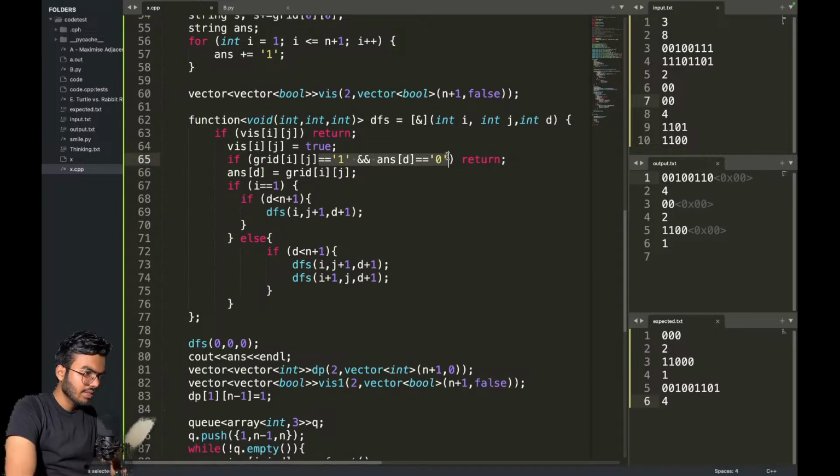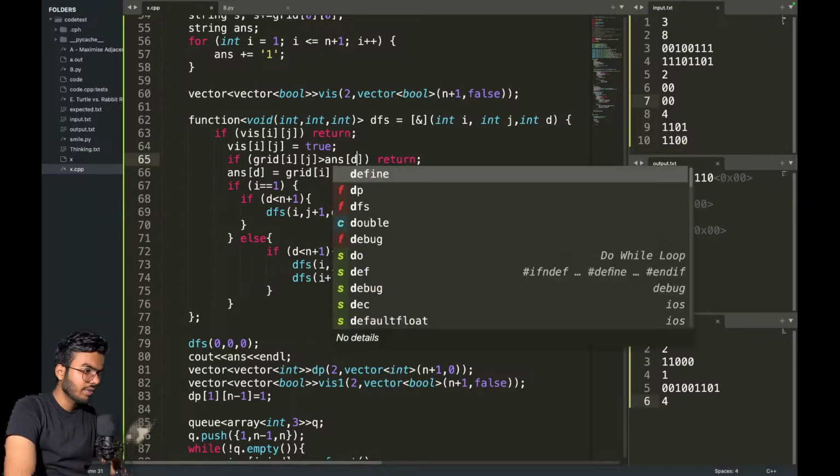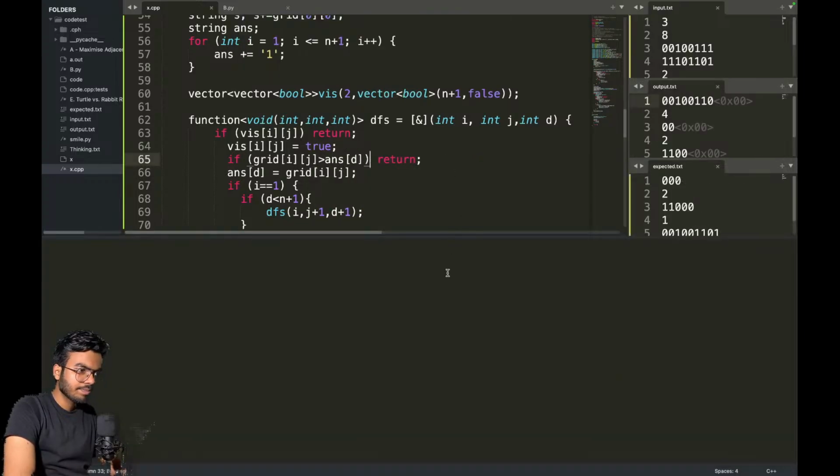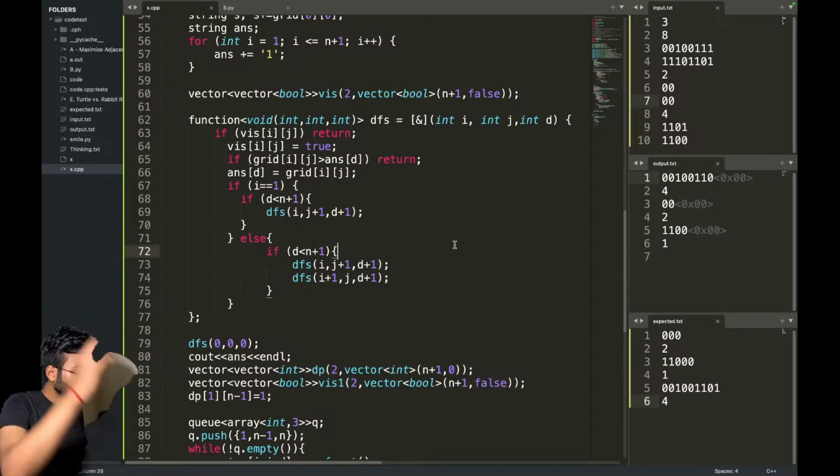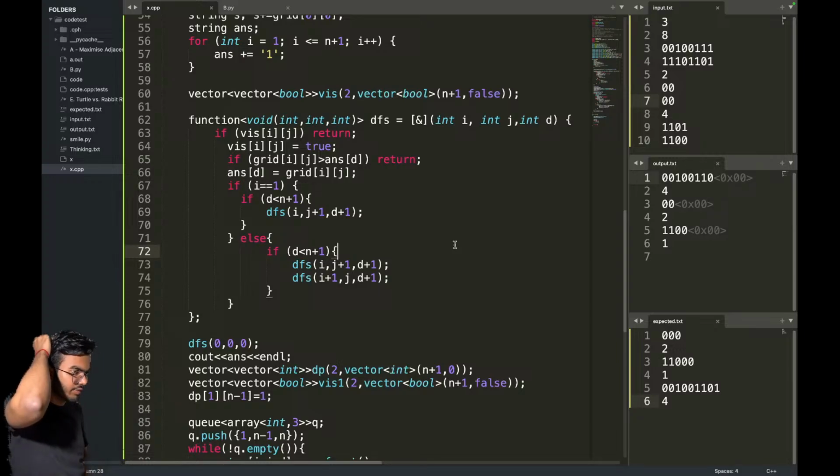So I should just say if grid of ij is greater than the answer of D, then return, yeah. So I have this 0, 1, 0, 1, 0, 1, and otherwise it actually makes no sense. So grid of ij is equal to this, okay, definitely.